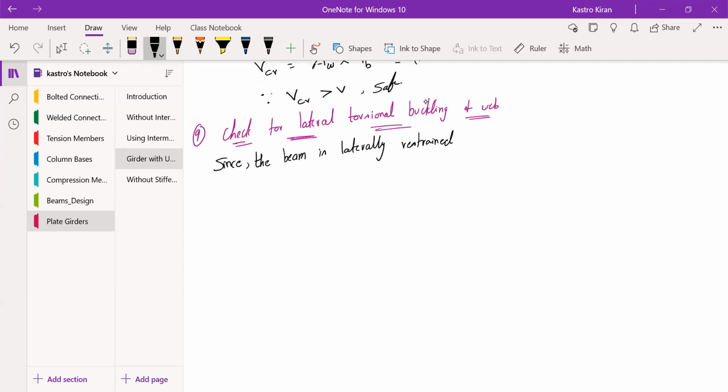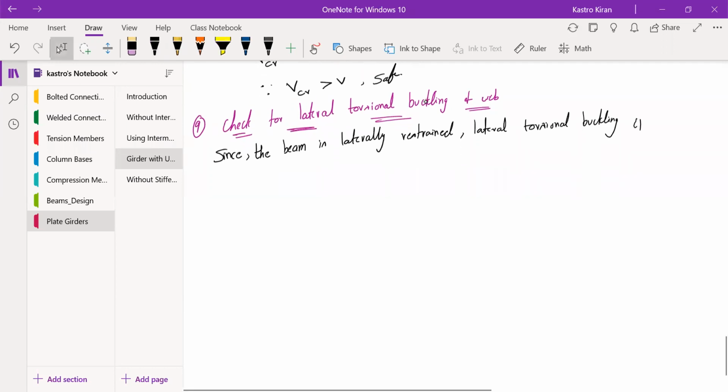Since the beam is laterally restrained, lateral torsional buckling of web is not required. Okay, so directly you can skip this step also, but if you want to mention, you can mention. Okay, however, you are not going to do this step anyways.